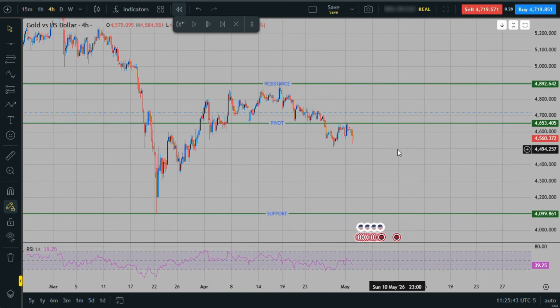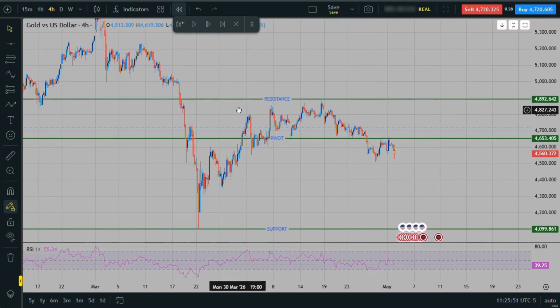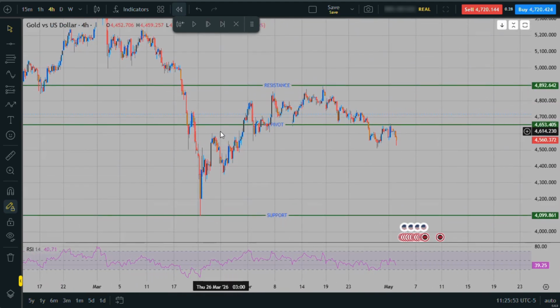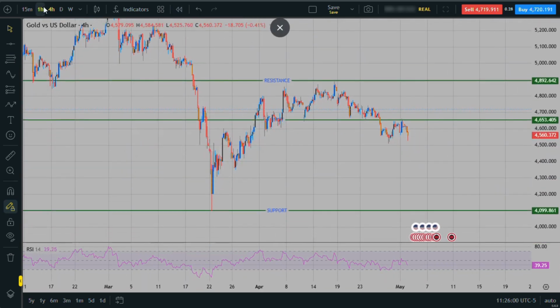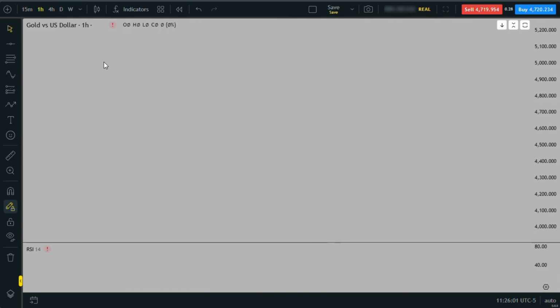The other thing I move to is knowing the direction, which I can know by using a trend line. Mostly I use the 1-hour time frame, but currently my 1-hour time frame is not working.